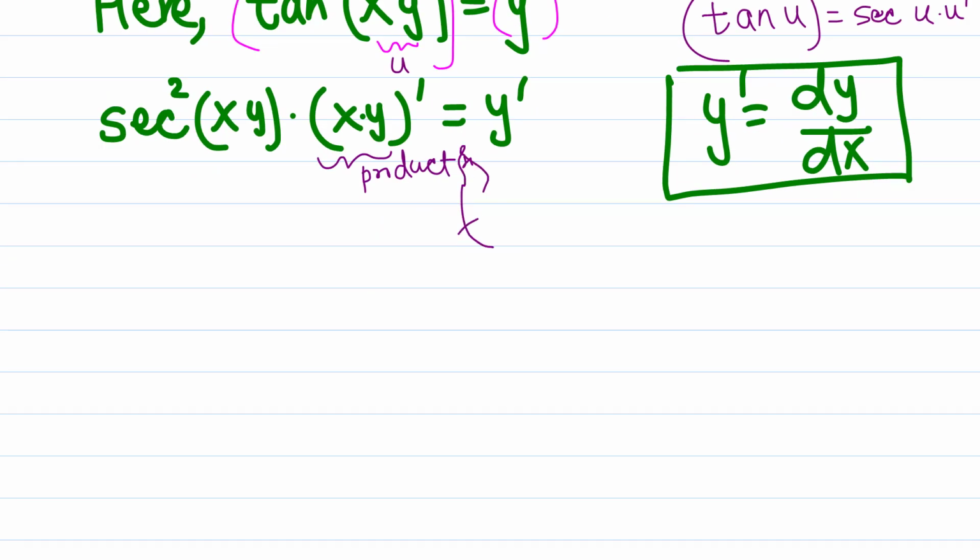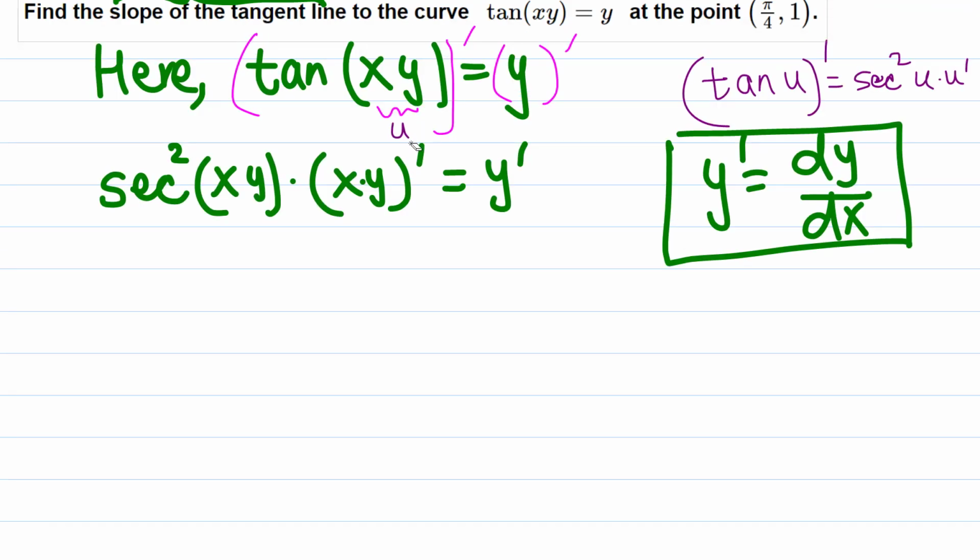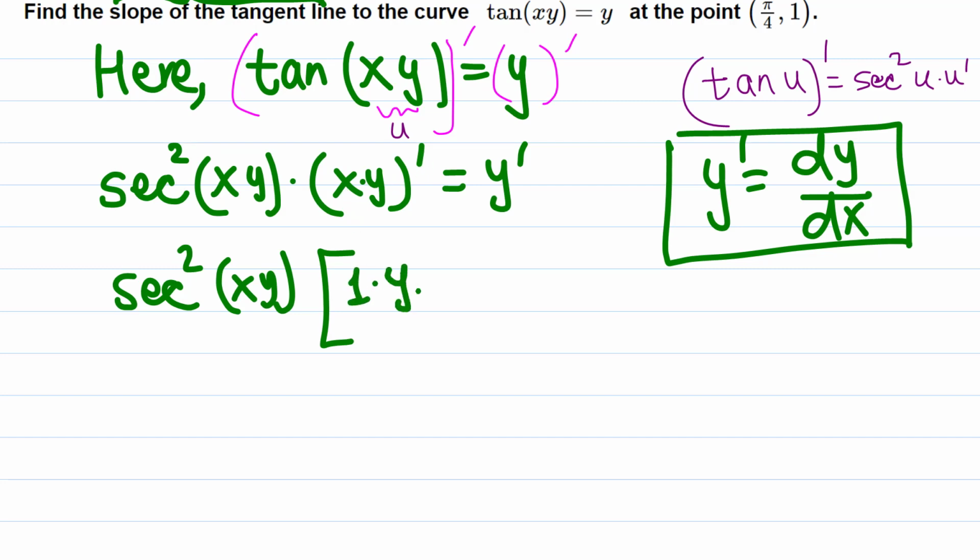Using the product rule we get secant square xy times, in brackets, the derivative of the product: derivative of x times y plus derivative of y times x, equals y prime. Now we are done with the derivative part.